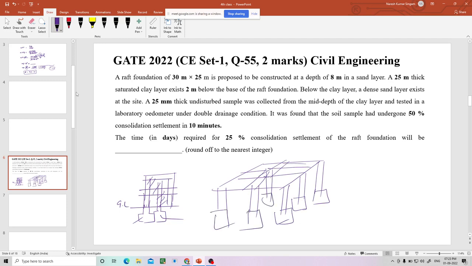Now if you see the top view of this floor area, there are footings like this. As a civil engineer, you must know what top view and elevation are, because you have studied them already in your first year engineering drawing.